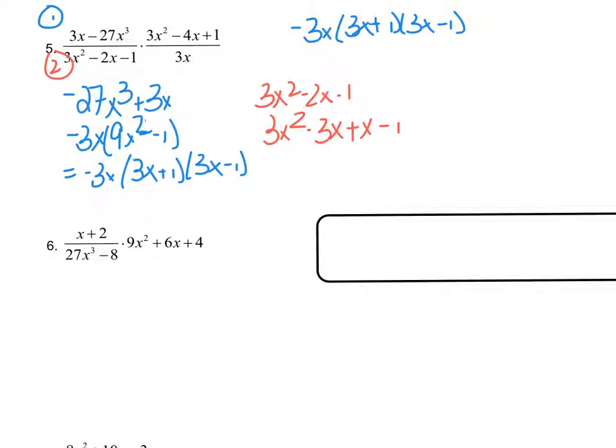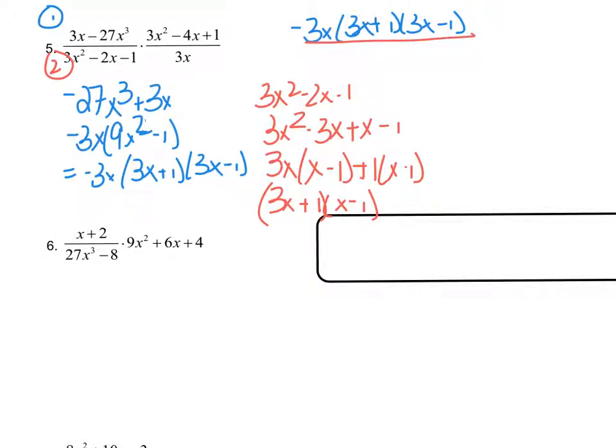If you can do those factors without having to do the split the middle, that's fine. But if you need to split the middle, that's okay. So we have 3x plus 1 times x minus 1. So that's going to go up here.